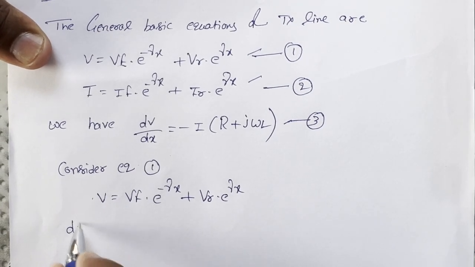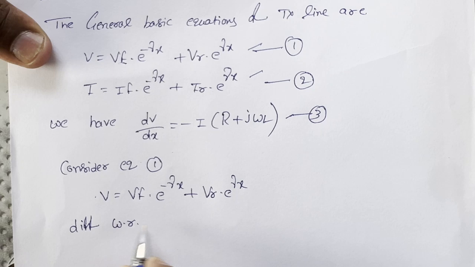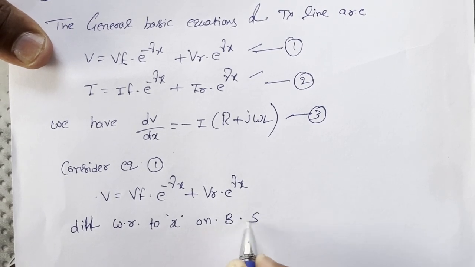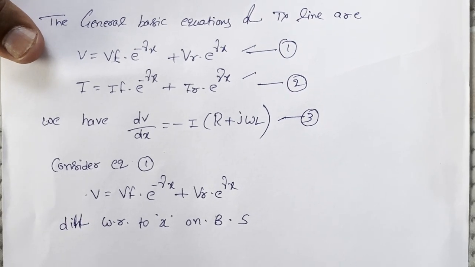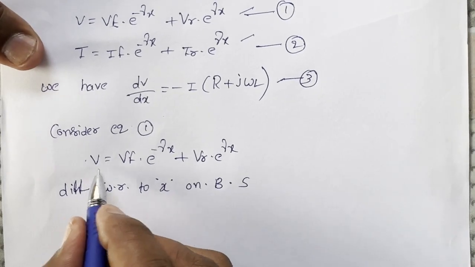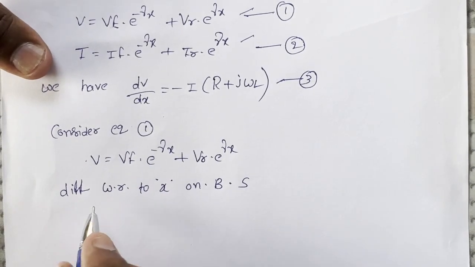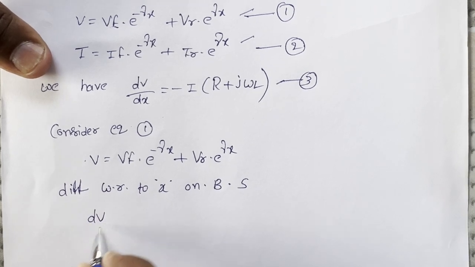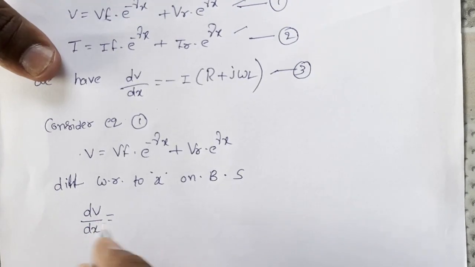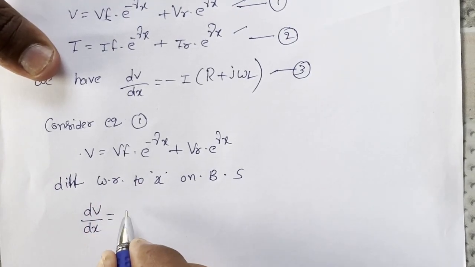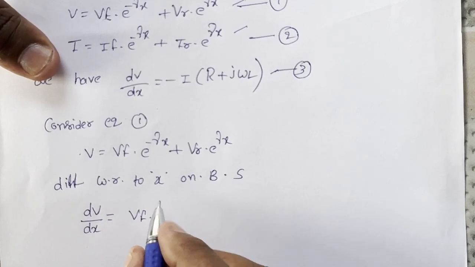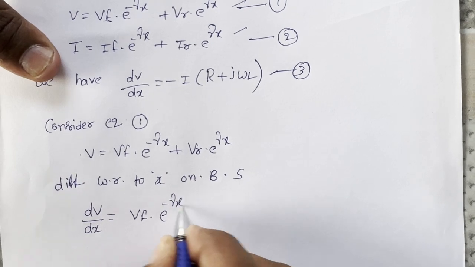Now differentiate with respect to x on both sides. That means I am making differentiation with respect to x on both sides. So by doing differentiation, it will become dV by dx equal to, here Vf is the arbitrary constant, so as usual Vf into e power minus gamma x.